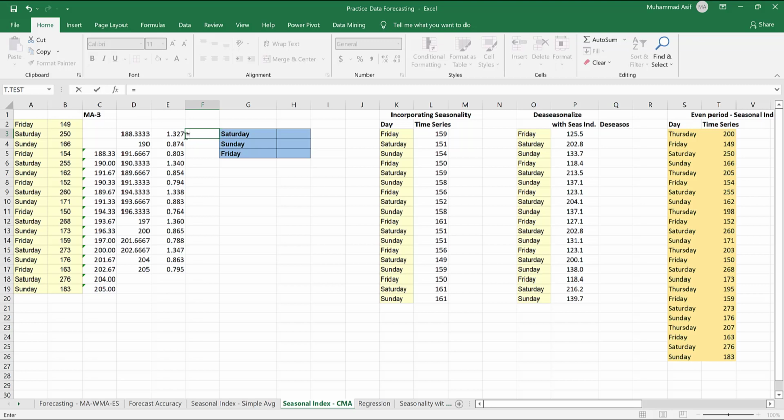So for example, this one average: this is Saturday, so I click Saturday, and then this is next Saturday, I choose this one, and then this is next Saturday, and then this is next Saturday, and this is the last Saturday, and then bracket close, and I will press enter.